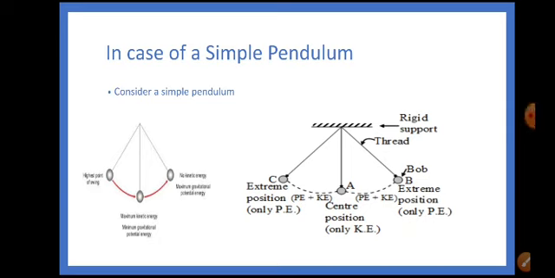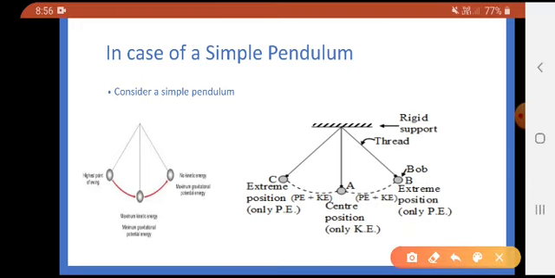What is a simple pendulum? A simple pendulum is a mass suspended with an inextensible thread from a rigid support. For example, this is the rigid support.